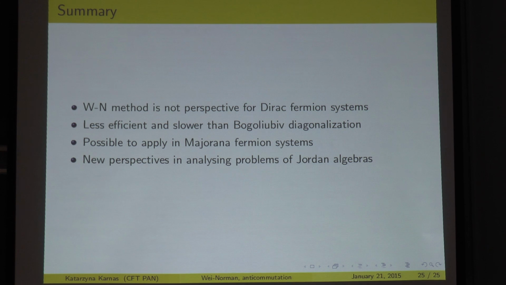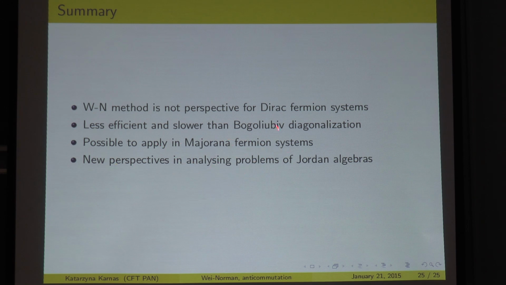And maybe to sum up, the Wei-Norman method is not promising for Dirac fermion systems, as was very easy to notice, because it's less efficient, slower, and has a much bigger computational cost than, for example, the Bogoliubov transformation.